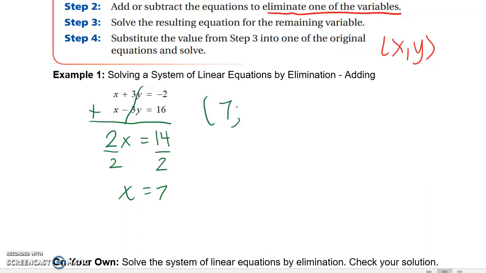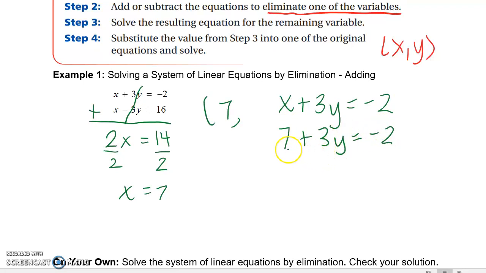Now I need to plug that value back into one of the two equations and solve for y. So I'll use the first equation. x plus 3y equals -2. It doesn't matter which equation you use, just pick one of them. 7 plus 3y equals -2.